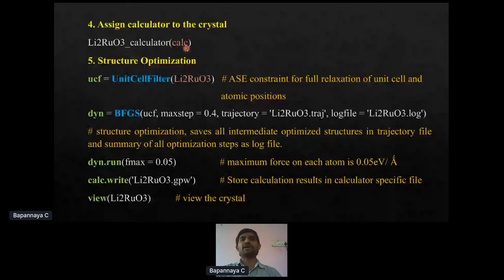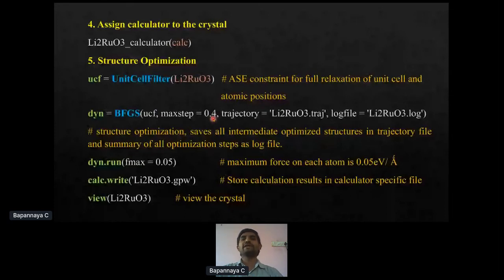The calculator, calc within brackets, has to be attached. And then in the part of structure optimization, we have to use the unit cell filter module, where the argument is the structure itself, and the output is stored in UCF, and this goes into the BFGS optimization algorithm, where you can take the maximum displacement of each atom as 0.44 angstroms.